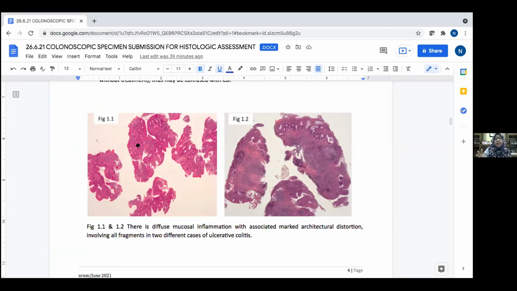Within the same segment, all the fragments are equally involved, with equal intensity of inflammation. These are 2 different cases showing the same kind of changes, including the architectural changes. So the changes in the mucosa are diffuse within the same area, involving all fragments equally.